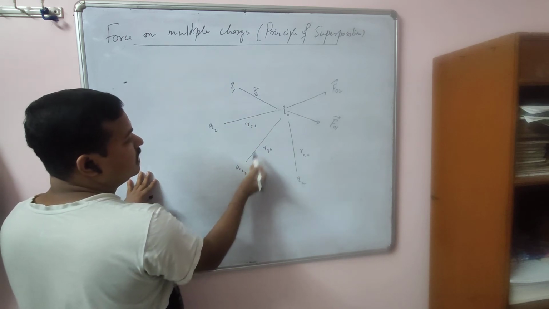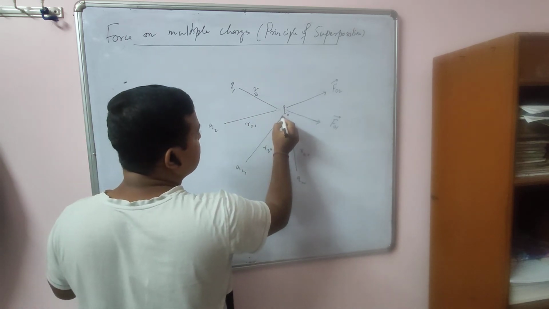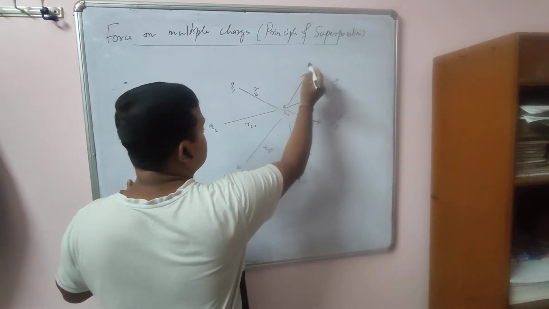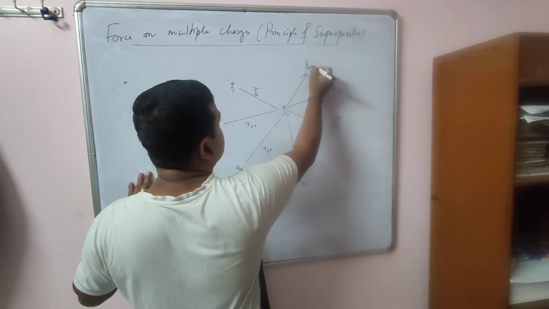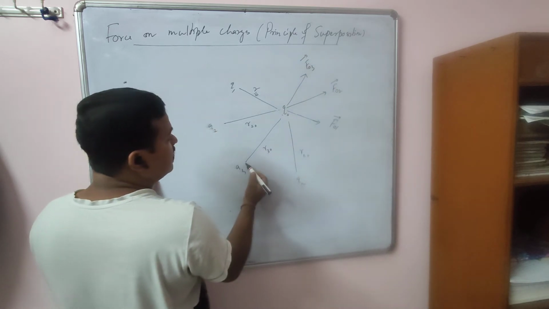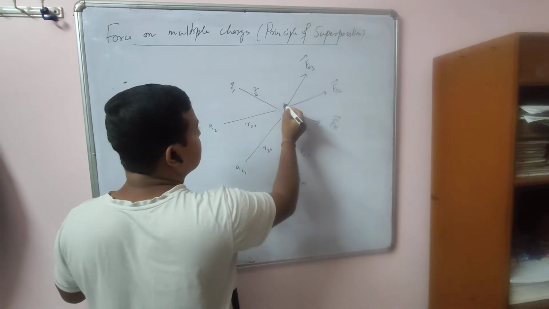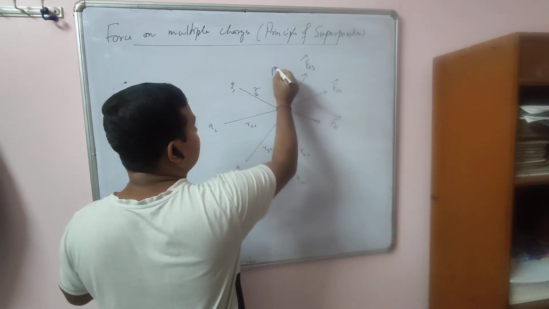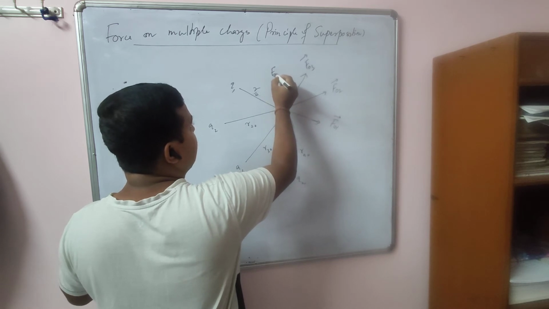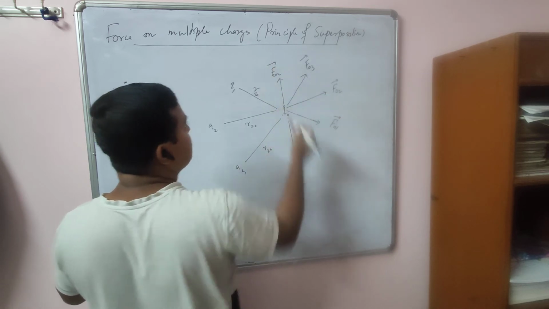Then this Q3 also repels this. What is the direction? Along this. So this is F03, force on the charge Q0 due to charge Q3. This charge also repels this, along this. That is F0n, force on the charge Q0 due to charge Qn.